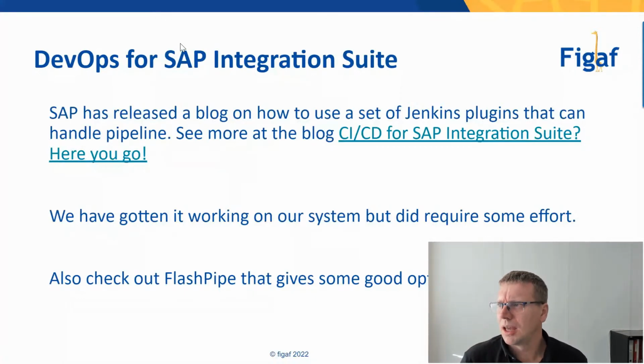So yeah, SAP have released, or there's a few options here. There is a blog on using some of the Jenkins pipelines, and we tried to get it working, and it worked. But as I see it, it has some challenges.